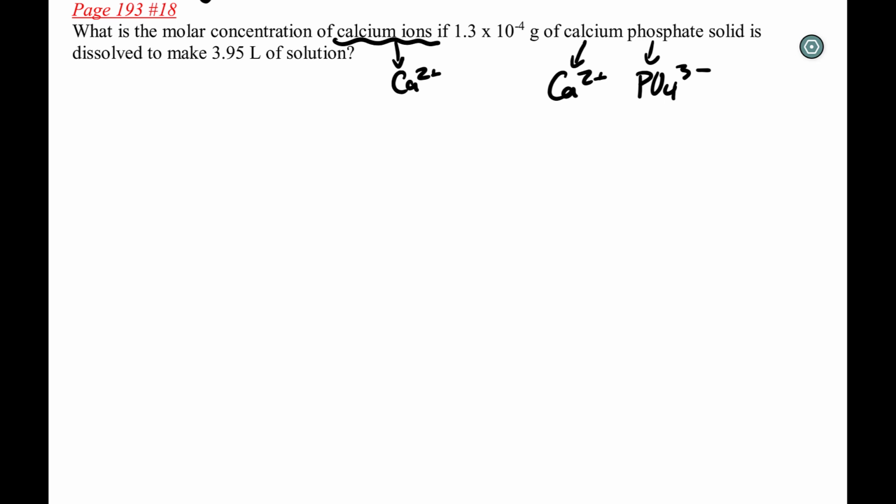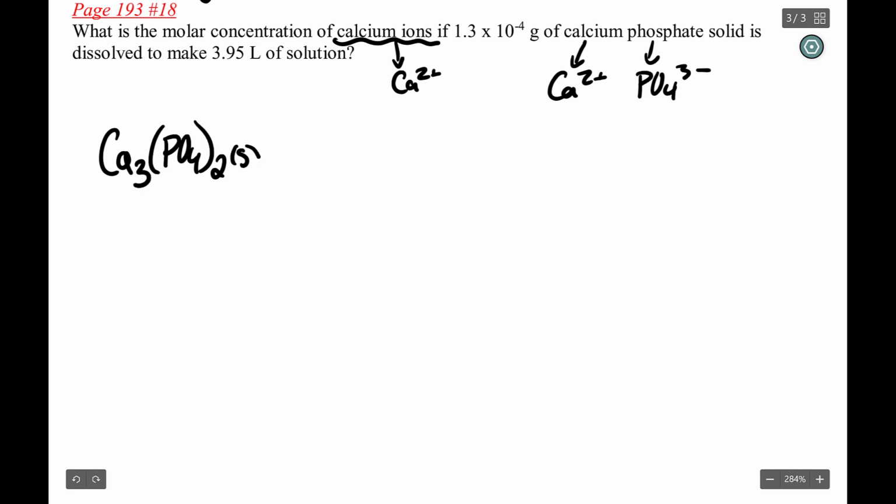So we would start with our solid, so Ca3(PO4)2 solid. You split that up, you have Ca2+ aqueous, and you have PO4 3- aqueous.